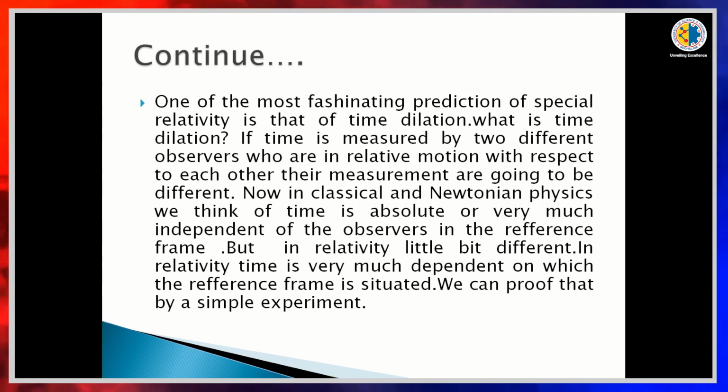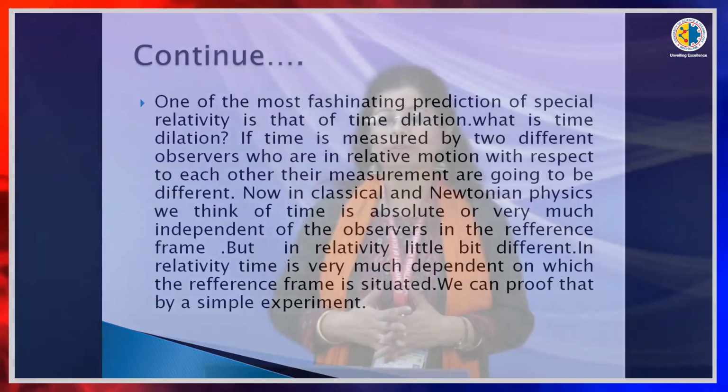Now, in classical and Newtonian physics, we think of time as absolute, or very much independent of the observer's reference frame. In classical physics, we read in our previous classes that the velocity of light is constant. We discussed this in detail in our previous classes, but in relativity it is a little bit different.